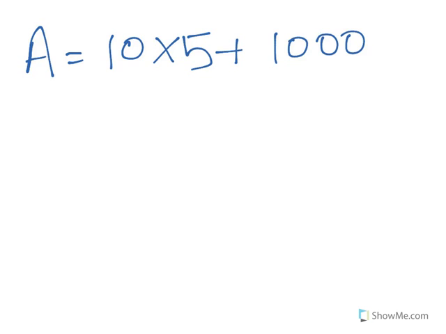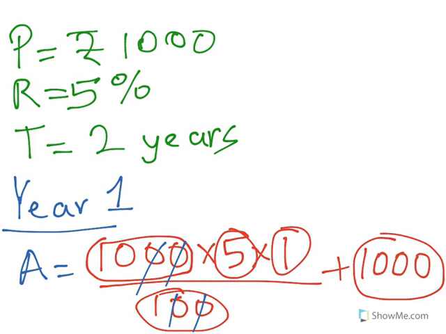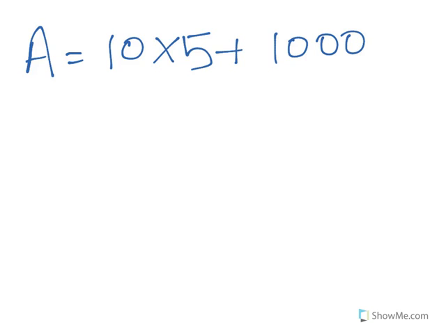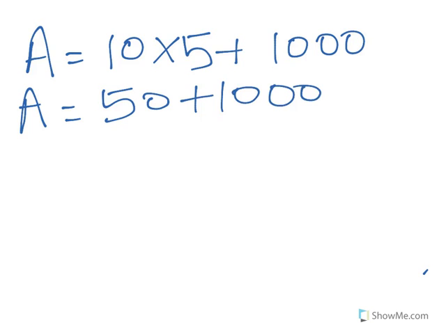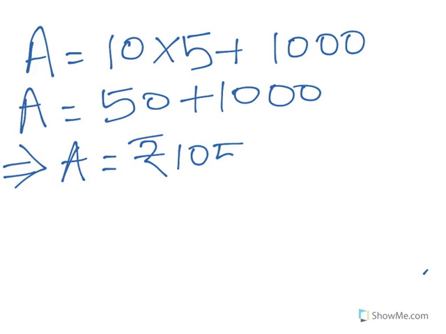And you'll notice that I didn't write the times 1 here because anything multiplied by 1 is just the number itself, so I didn't really need to write that. Okay. So, last step, solve this. 50 plus 1,000. Then the answer is rupees 1050.